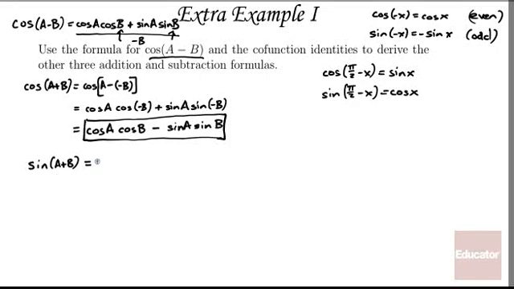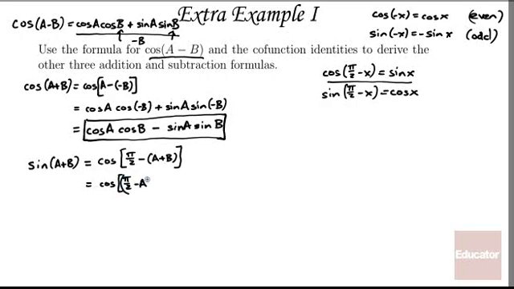So the way we do that is I have sine of a plus b, and we're going to use the first cofunction identity and write that as cosine of pi over 2 minus a plus b. That's by the first cofunction identity. Now that's cosine of pi over 2 minus a.